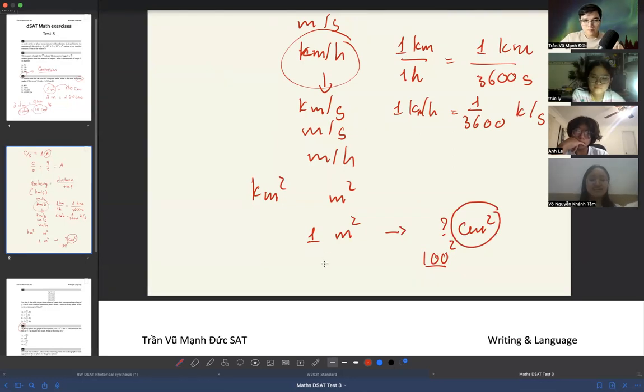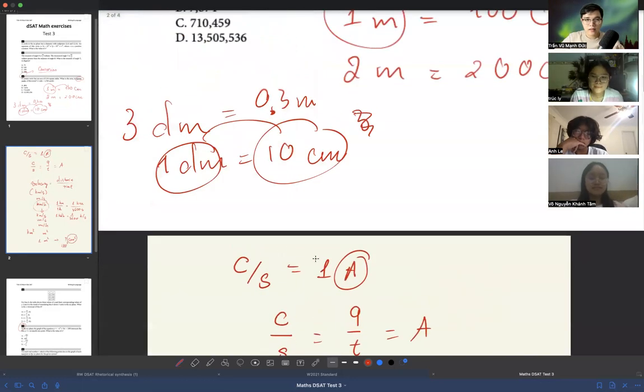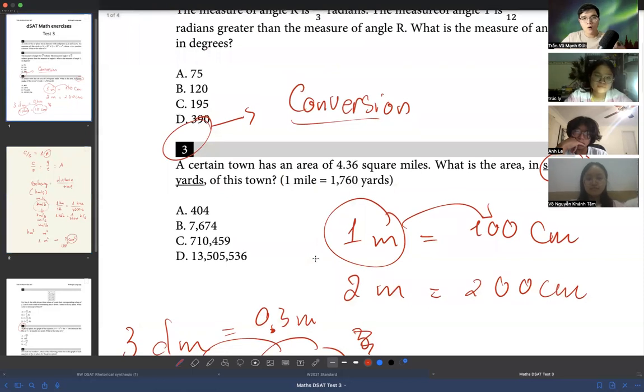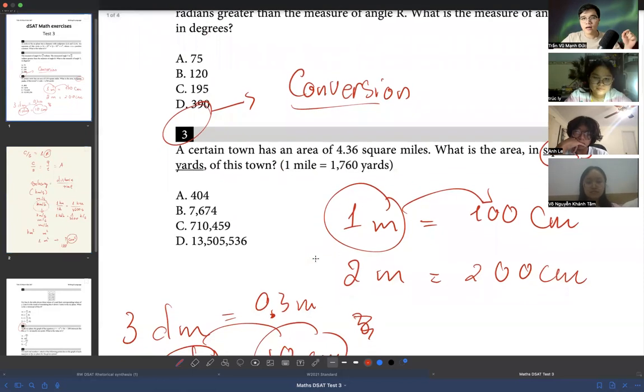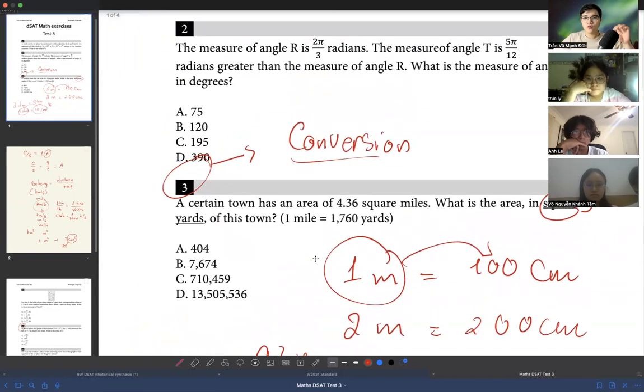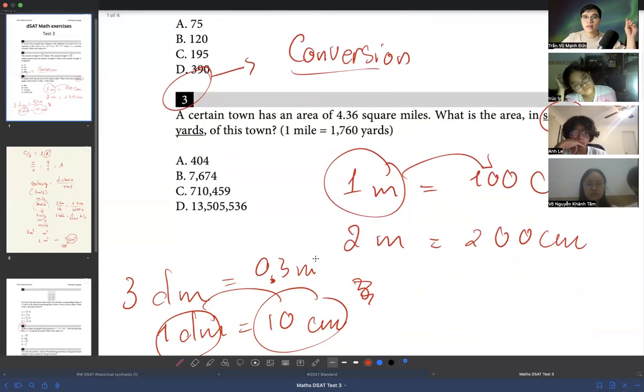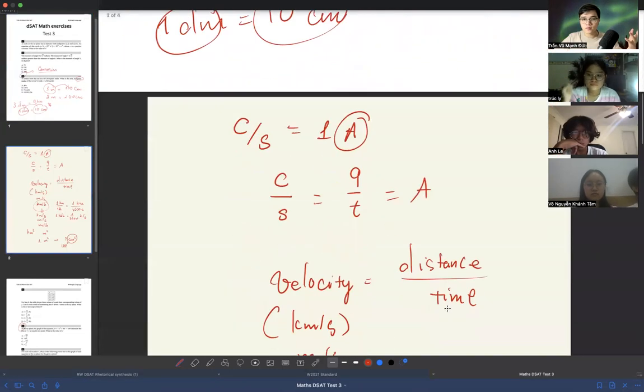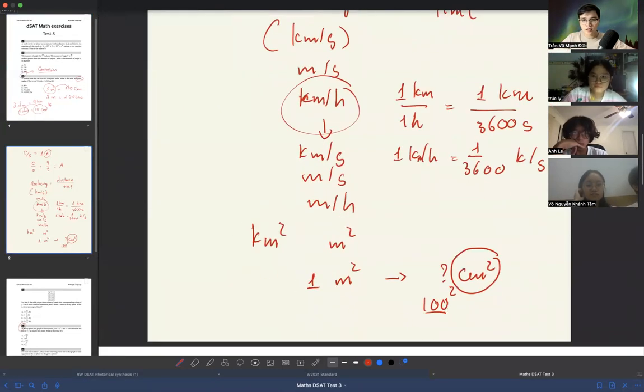Very easy. And you just rewind this back to this one. 1 mile equals 1,760 yards. They're asking to convert 4.36 square miles to square yards. Essentially, if you're making mistakes on this one, it means you haven't understood the basis of conversion. As for Lina, she has done it correctly.